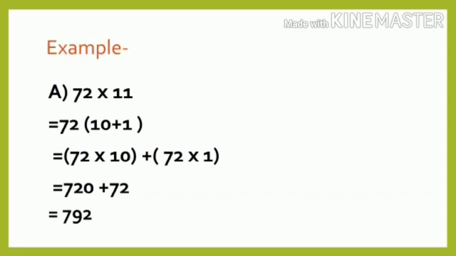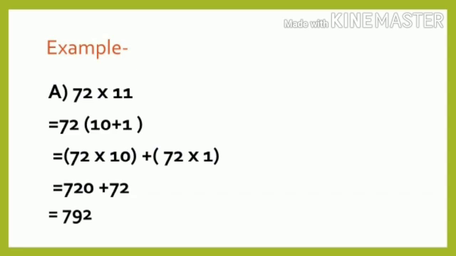The smaller number is 11. We have to break this number into two numbers, in which one number should be a multiple of 10. So when we divide 11 into two numbers, we can break it into 10 and 1. So 72 multiplied by (10 plus 1).